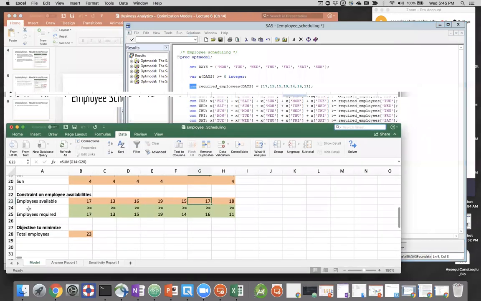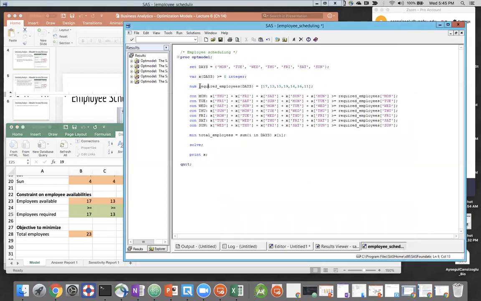As you remember, one input given to us was the minimum number of employees needed each day. It was 17 for Monday, 13 for Tuesday, 15 for Wednesday, 19 for Thursday. You can see the numbers here, 17, 13, 15, 19, like that.